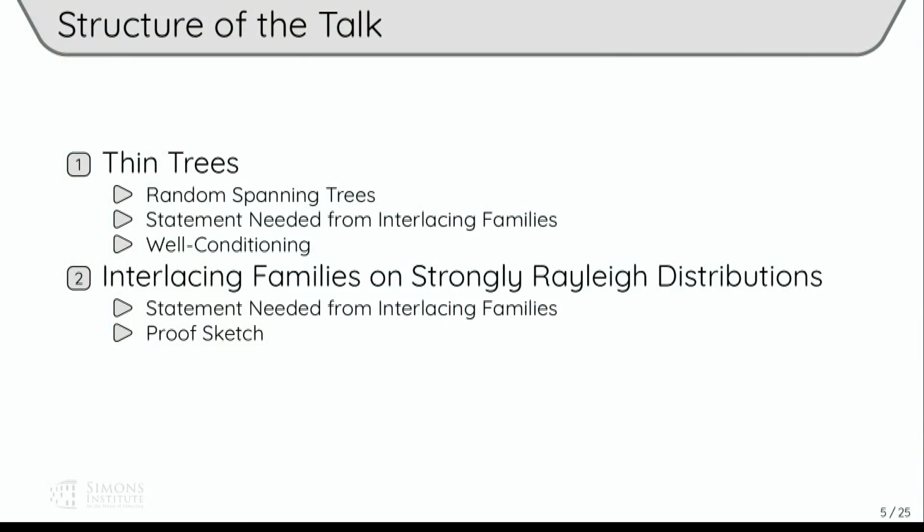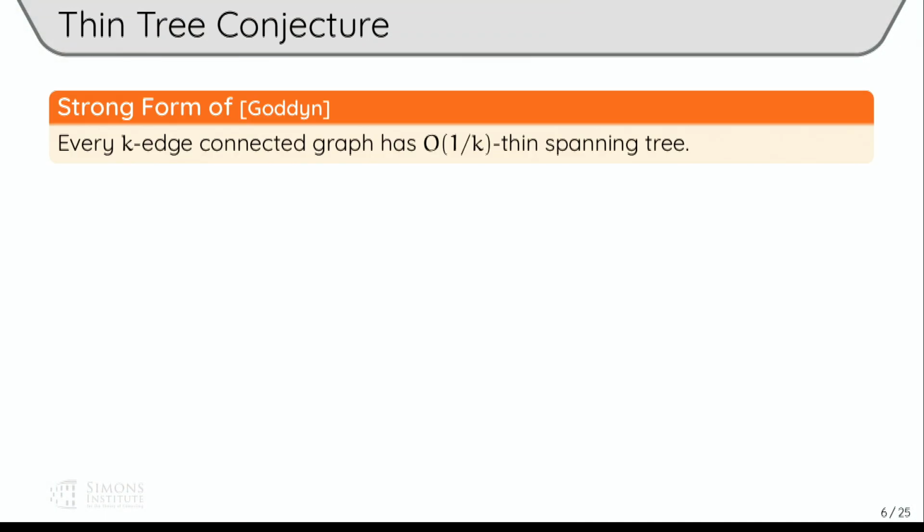Now, the conjecture which I'm going to talk about is about the existence of these thin trees. The conjecture is basically saying that the obvious necessary condition is also almost sufficient.